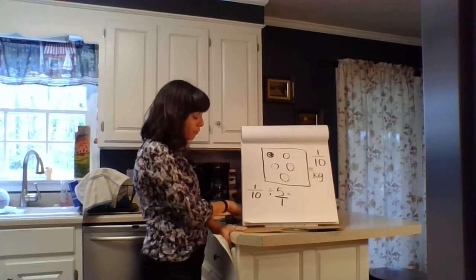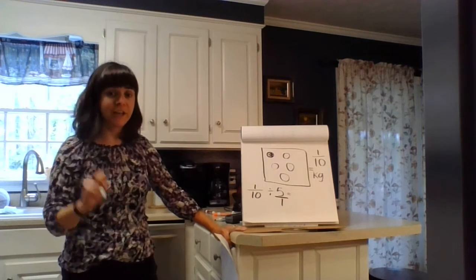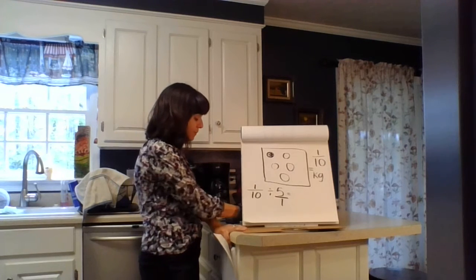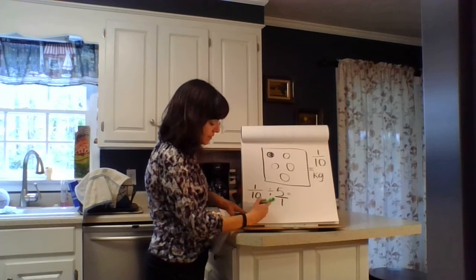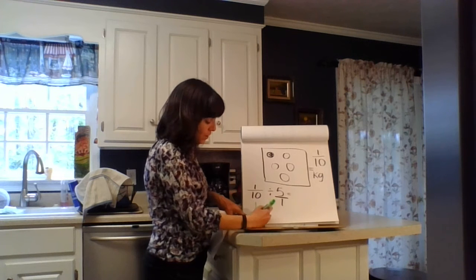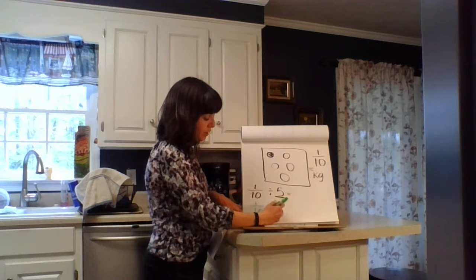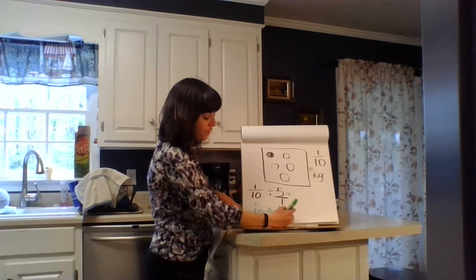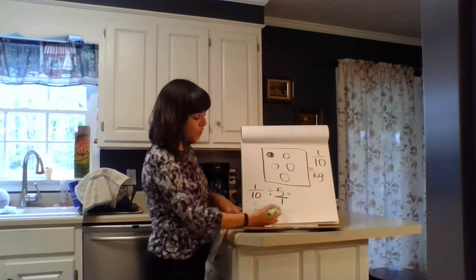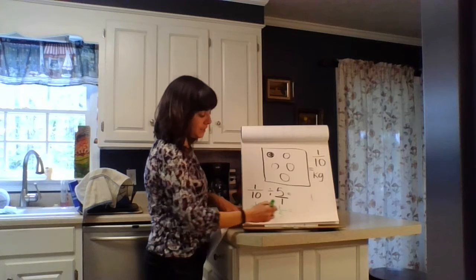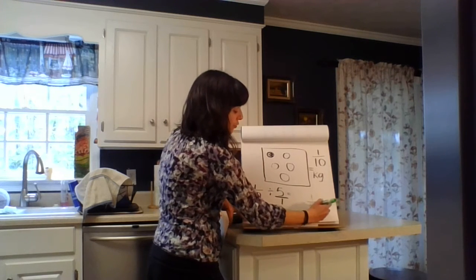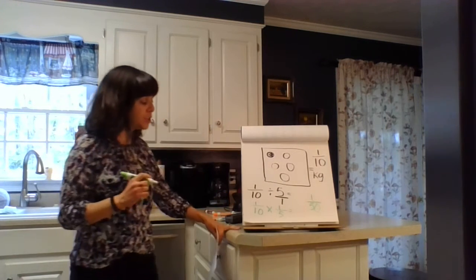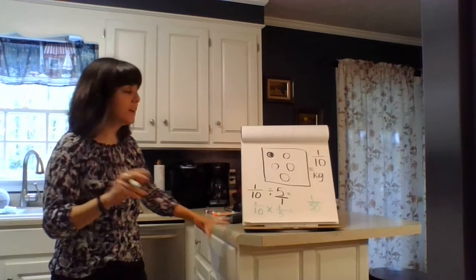I use keep, change, flip. Keep, change, flip. So 1/10 is going to stay the same, or I'm going to keep it. Change, this is going to become multiplication, and then flip, this is going to become 1/5. 1 times 1 is 1, 10 times 5 is 50. So each cookie weighs 1/50.